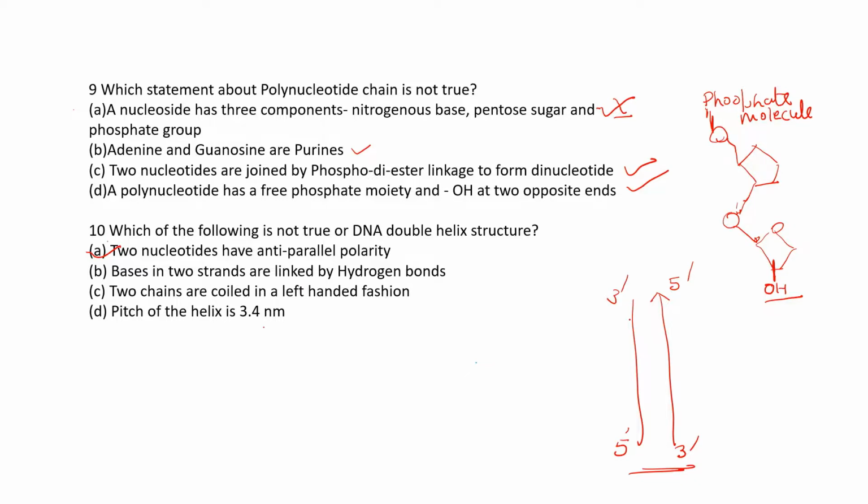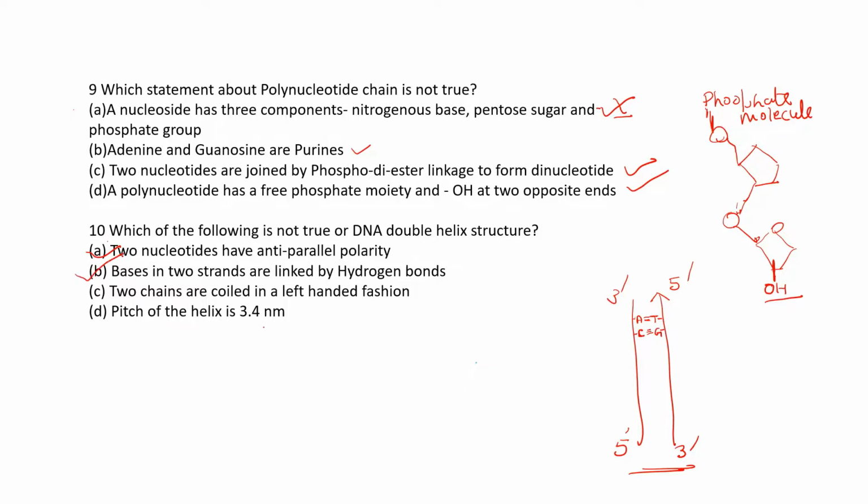Yes, suppose adenine is there, then with two hydrogen bonds it will be attached to the nitrogen base thymine on the other strand. Like that, if it is cytosine, then with 3 hydrogen bonds it will be attached to the nitrogen base of the other strand, that is guanine. So yes, this option is also correct.